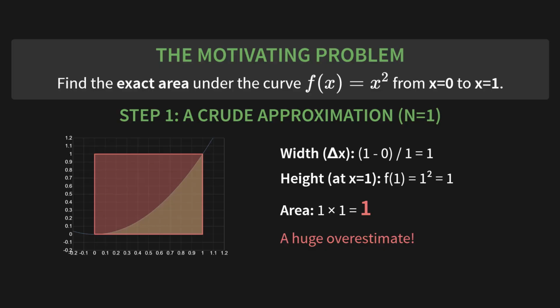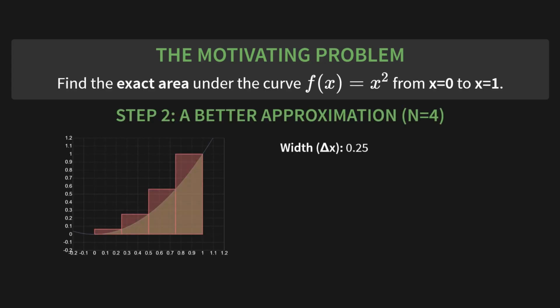Okay, let's try step 2, a better approximation. Let's use 4 rectangles this time, so n equals 4. The width of each little rectangle, our delta x, is now 0.25. The total area is approximately that width, 0.25, multiplied by the sum of all the rectangle heights. So we're adding up f of 0.25, f of 0.5, f of 0.75, and f of 1.0.